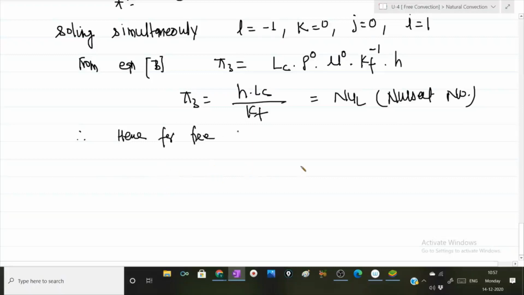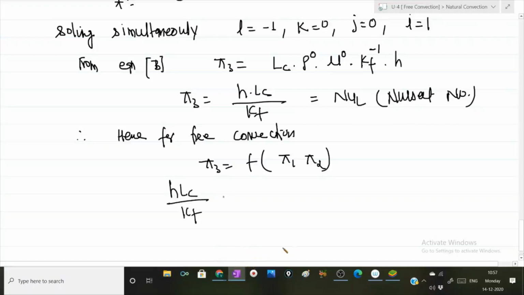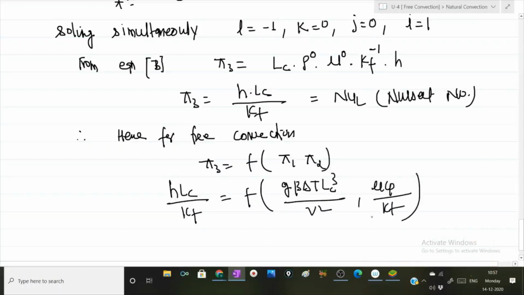Okay. Hence, for free convection, pi 3 will be a function of pi 1 and pi 2. That is, h Lc by Kf will be equal to f of g beta delta T Lc cubed over nu square, times mu Cp by Kf.